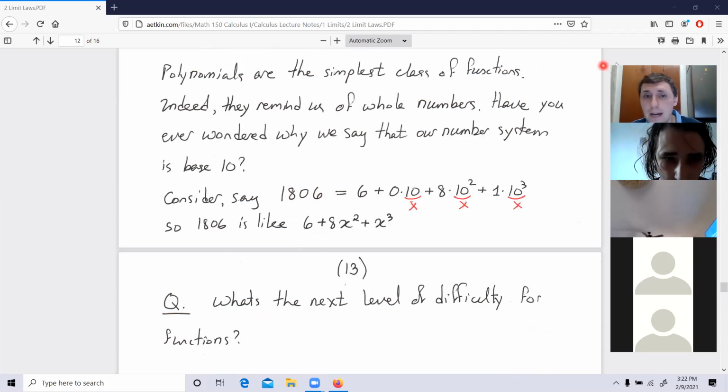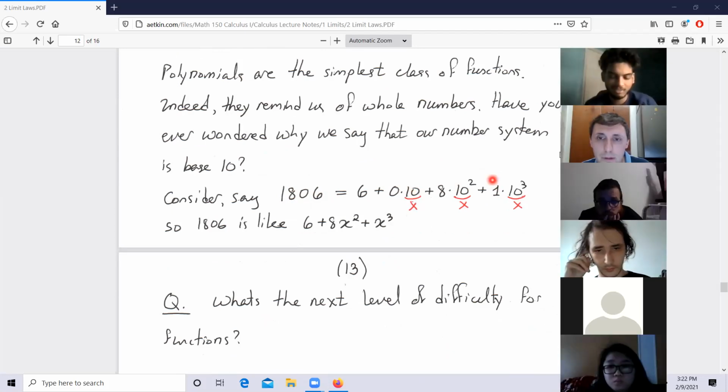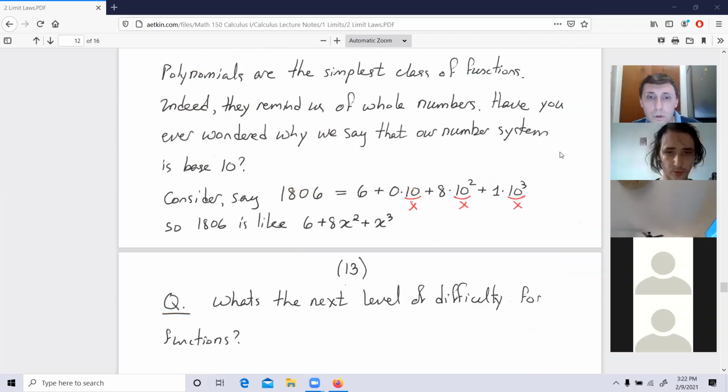This means we have 6 individual units, 0 units of 10, 8 units of 10 squared, because we have 800, and 1 unit of 10 cubed, which is the 1,000. Yes? So if you look at this x, what is this x? This x is 10. So 1,806 is very much like 6 plus 8x squared plus x cubed.